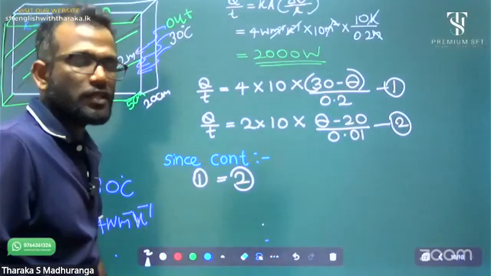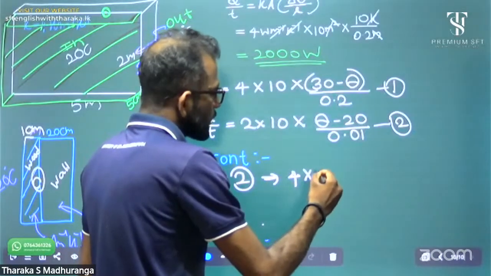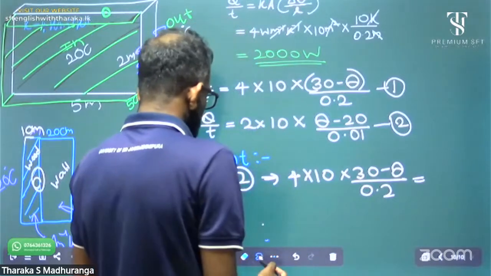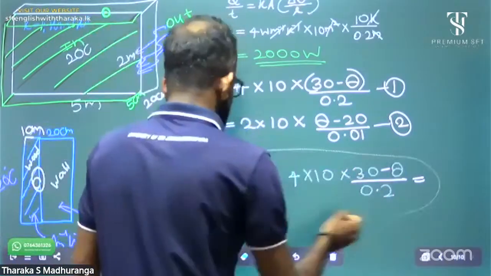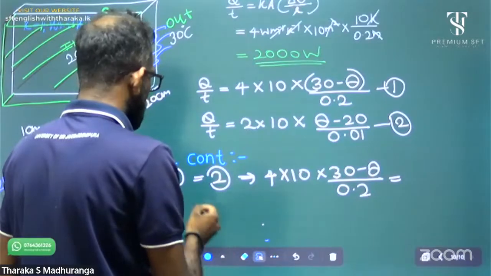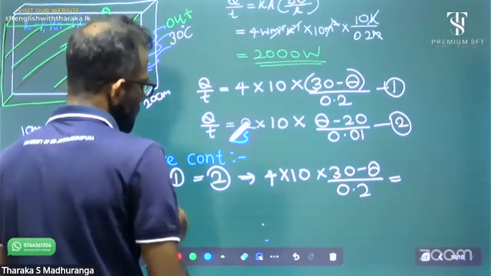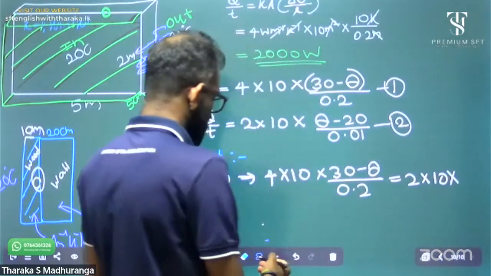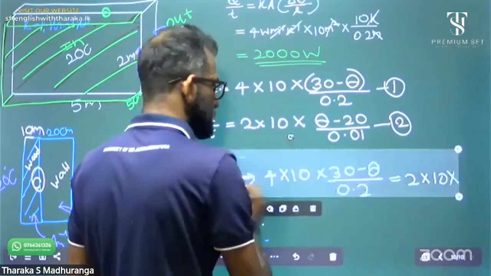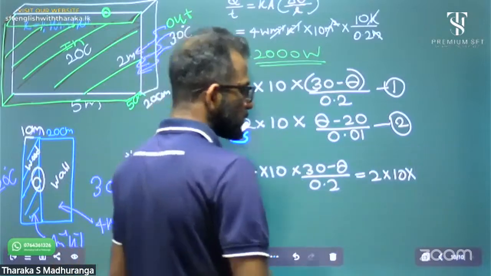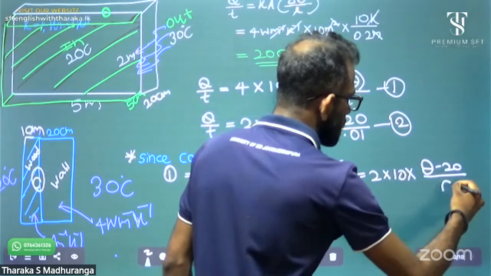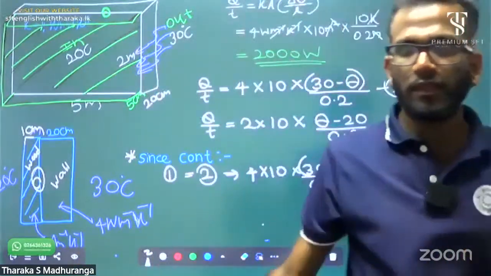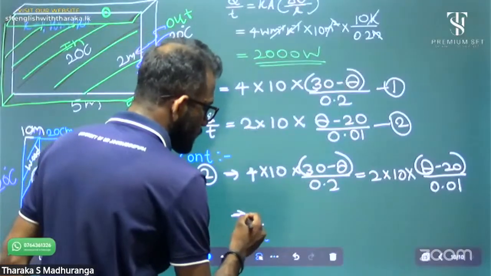Now 4 into 10 into 30 minus theta divided by 0.2 equals 2 into 10 into theta minus 20 divided by 0.01. That's the relationship.